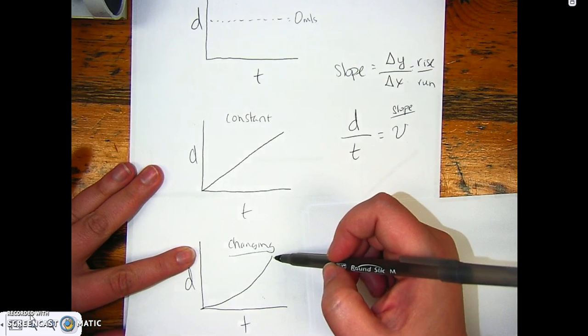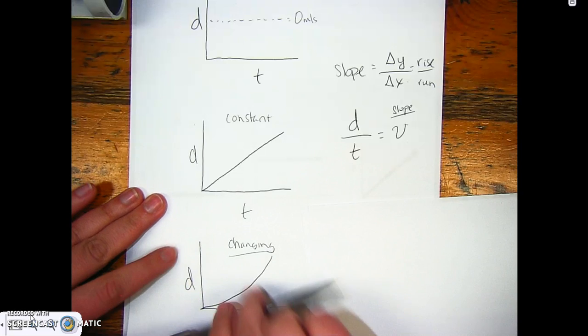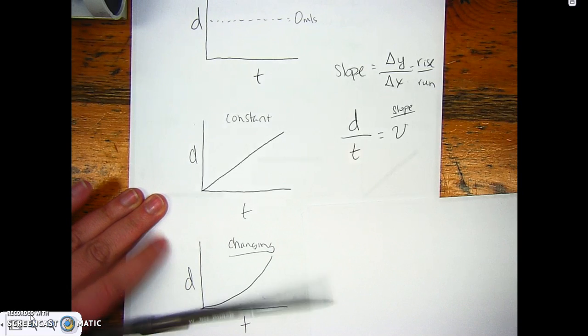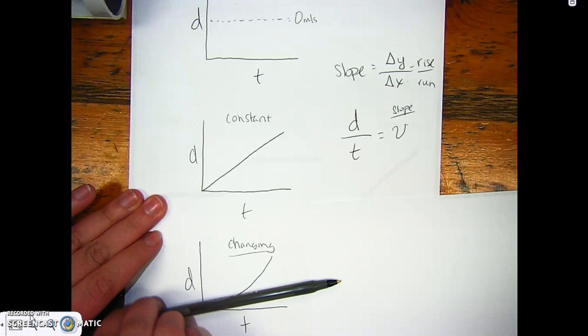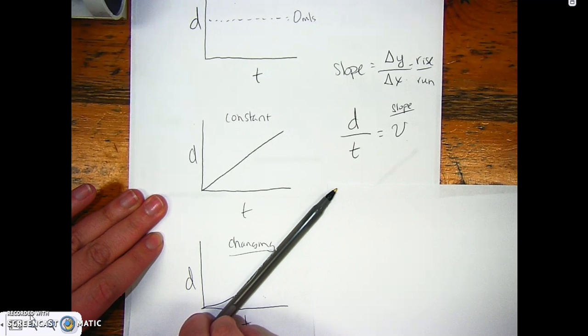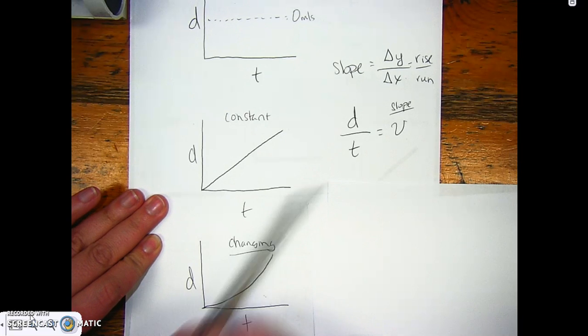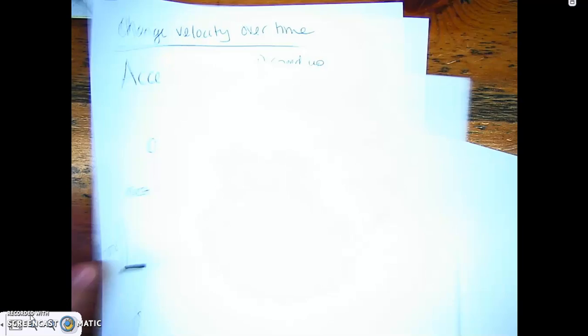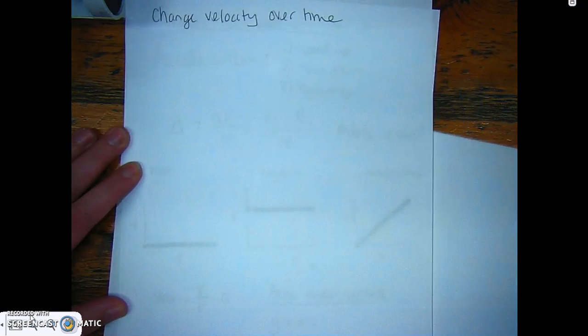So if we're going to take the slope at any point in this graph, it would be the line tangent to the curve, right? And so then we could just sort of follow along and we could see that the slope of that line tangent is getting bigger and bigger and bigger. So what do we call that? So your change in your velocity over time is actually your acceleration, right?